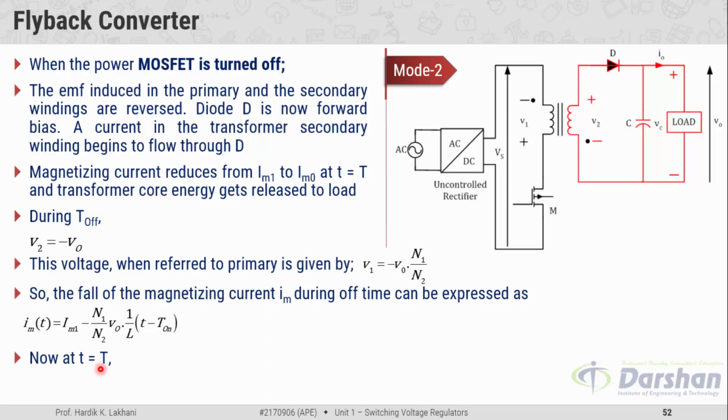When we substitute t is equal to capital T into this equation, we get the magnetizing current at the instant t is equal to Im1 minus N1 divided by N2 into VO into 1 upon L, and here the t is substituted, so we get T minus t on.